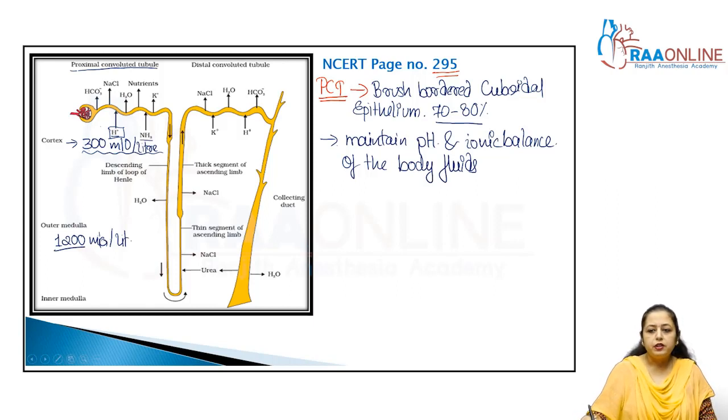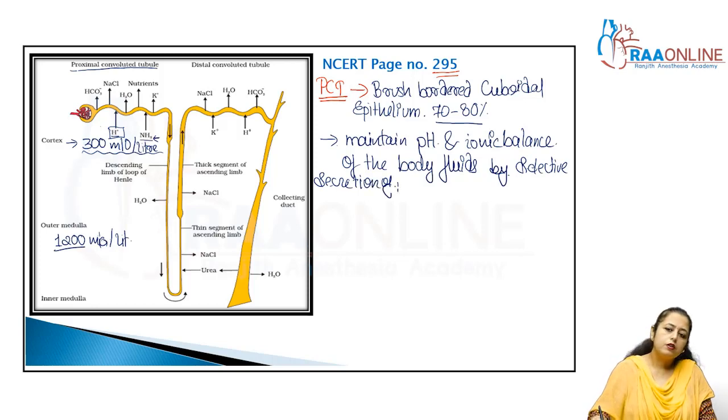So how do they maintain it? By selective secretion of hydrogen ion, ammonia and potassium. You can see here that hydrogen also is part of the tubular secretion.